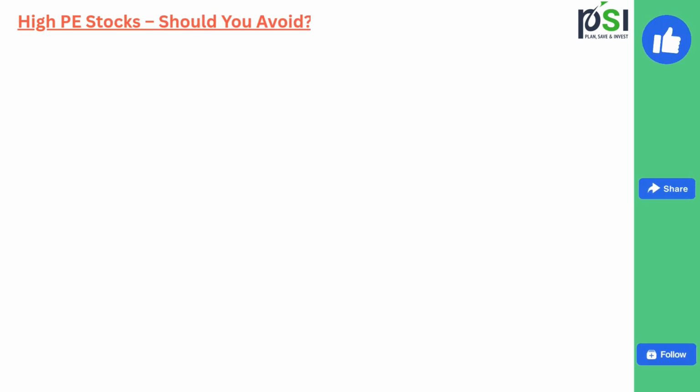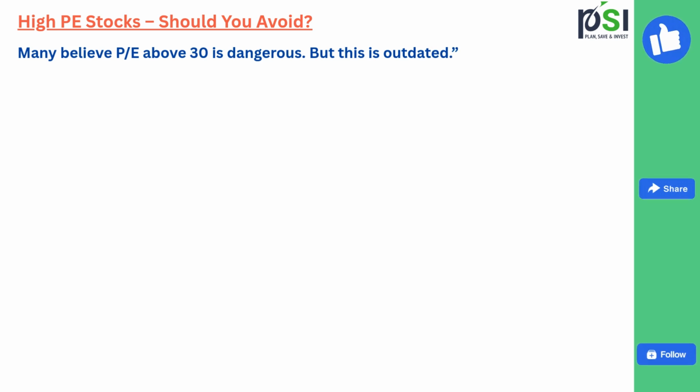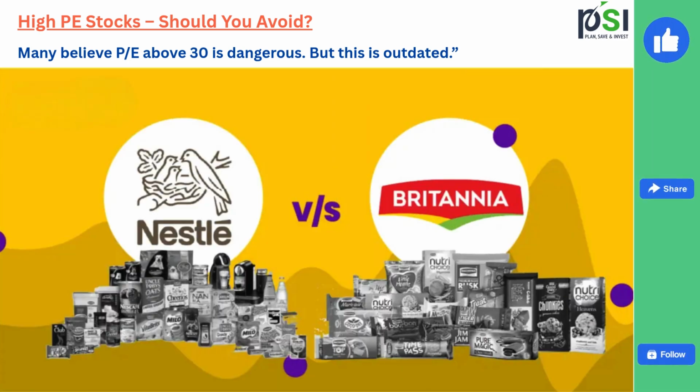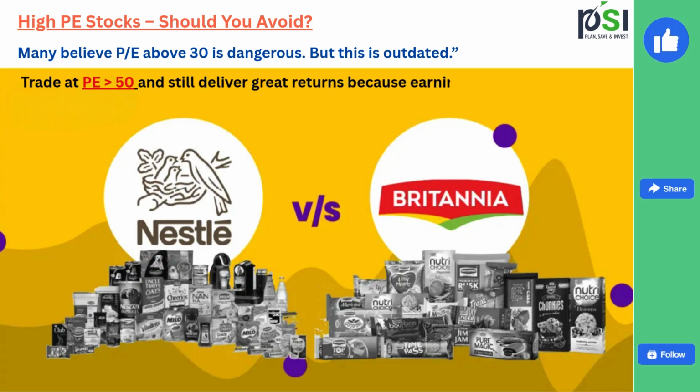So high PE stocks, should you avoid? Many believe PE above 30 is dangerous, but this is an outdated statement. FMCG leaders like Nestle, Britannia trade at PE above 50 and still deliver great returns because earnings keep growing.